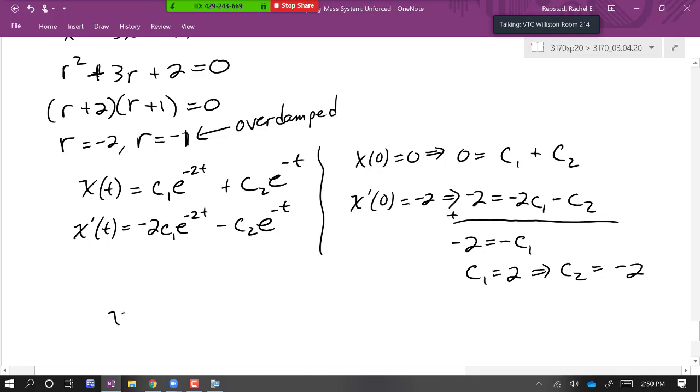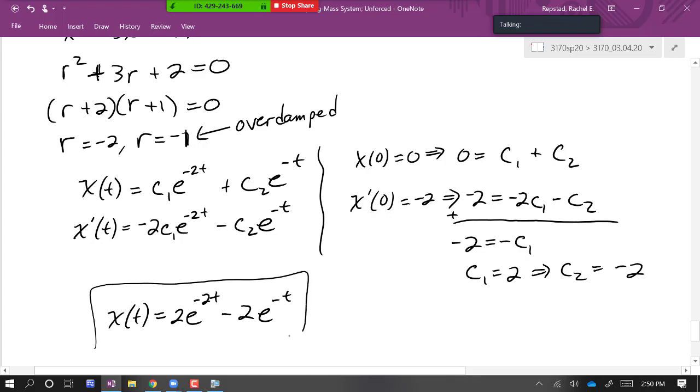And so that gives us our function. 2 e to the negative 2t minus 2 e to the negative t is our function. We could take a look.